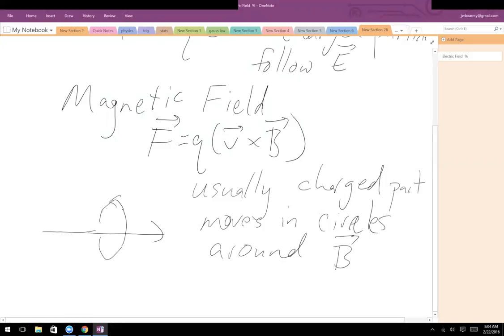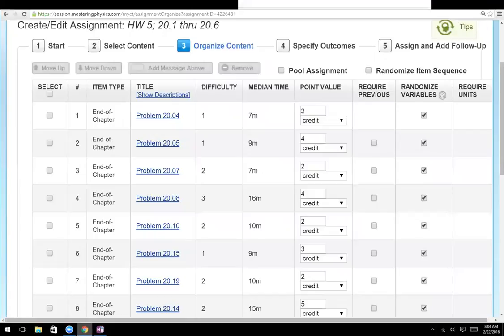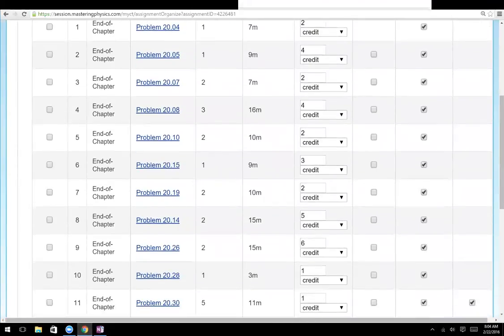And then we looked at the homework a little bit. And of course, my memory is always horrible, so I have no idea what we looked at. I'm guessing we probably did the 20.08 since it's a difficulty 3.